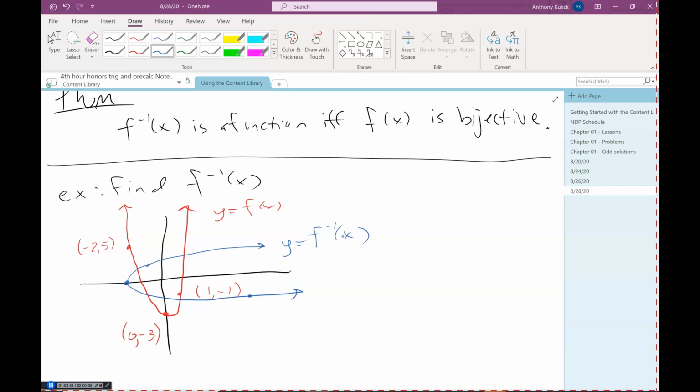Is everybody okay with that idea? Is f inverse a function? No. Right? It fails a vertical line test, right? So what part of the 1-to-1 or onto did f of x fail?